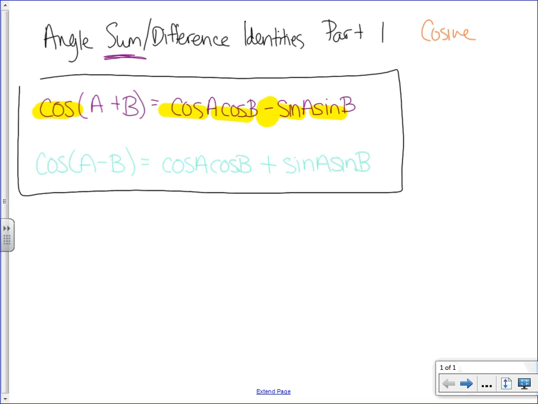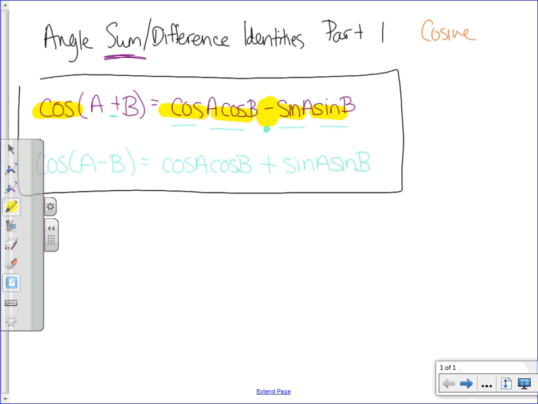So if I have cosine of A plus B, it's cosine A times cosine B. Since it was addition in the original, now it's subtraction, so I change the sign, and then I have sine A sine B. So it's cosine, cosine, change the sign, and then sine and sine.